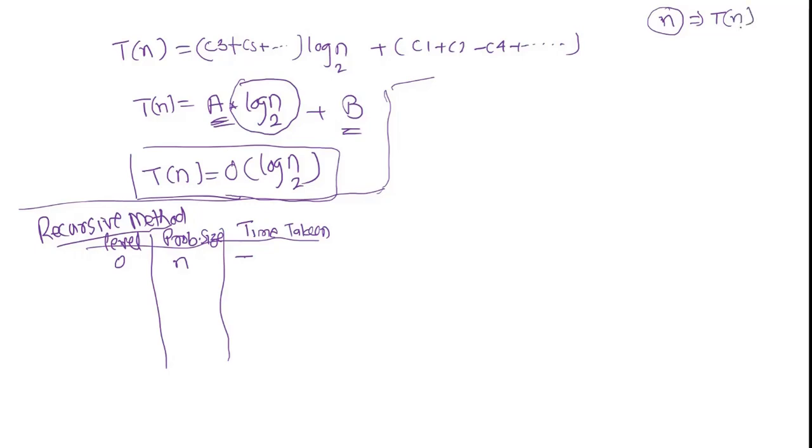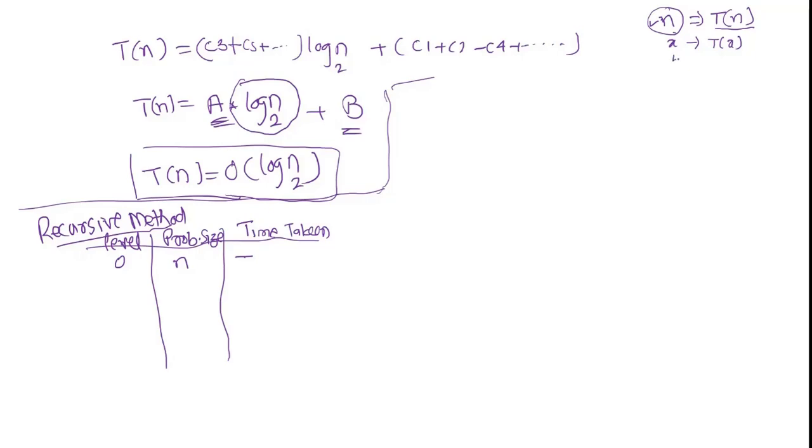T(n). This is a function actually, and sometimes it is a polynomial. So if there are n values, then to solve this problem, time taken is T(n). If problem size is x, then time taken to solve that problem is T(x).